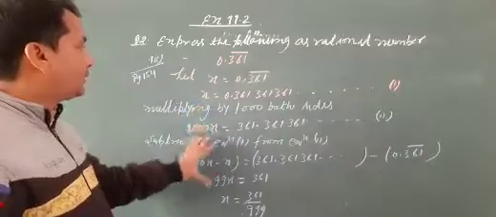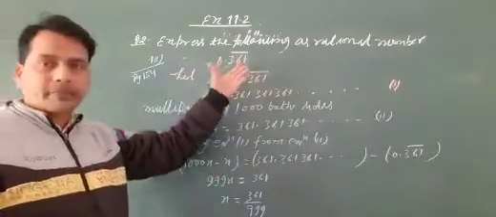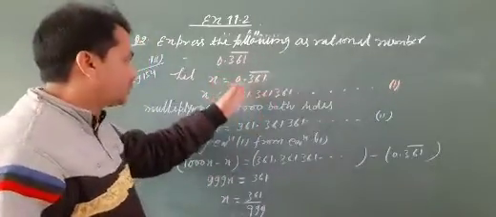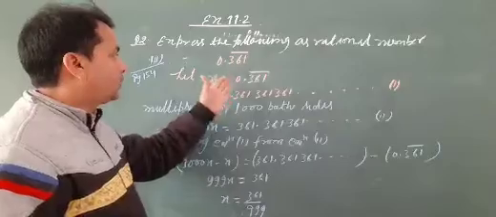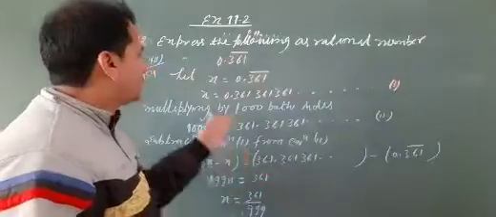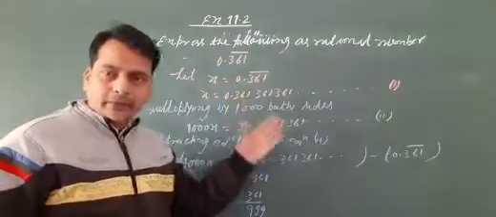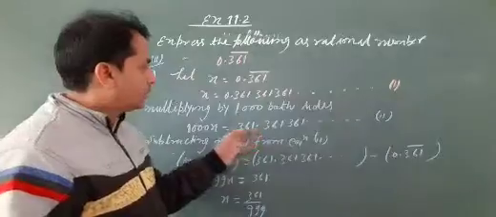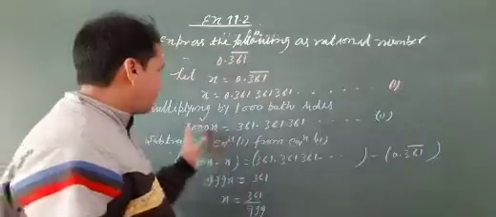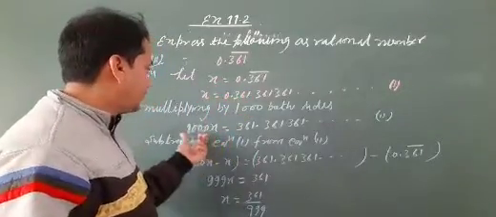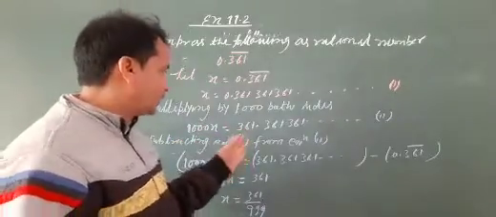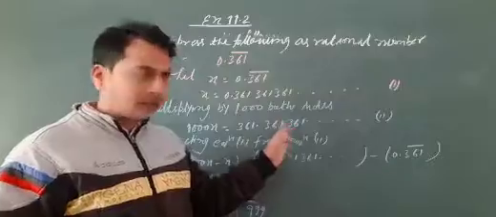So here is the 0.361 repeating. First step is, suppose that x equal to 0.361. Now count the digits after the decimal point. There, 3 digits are repeated. Then multiply by 1000 on both sides. The new equation will become 1000x equal to 361.361 repeating.